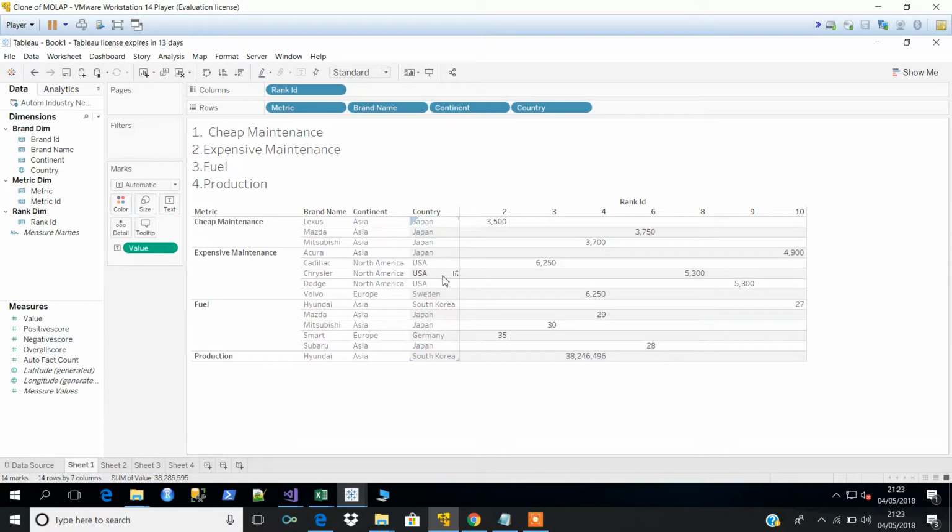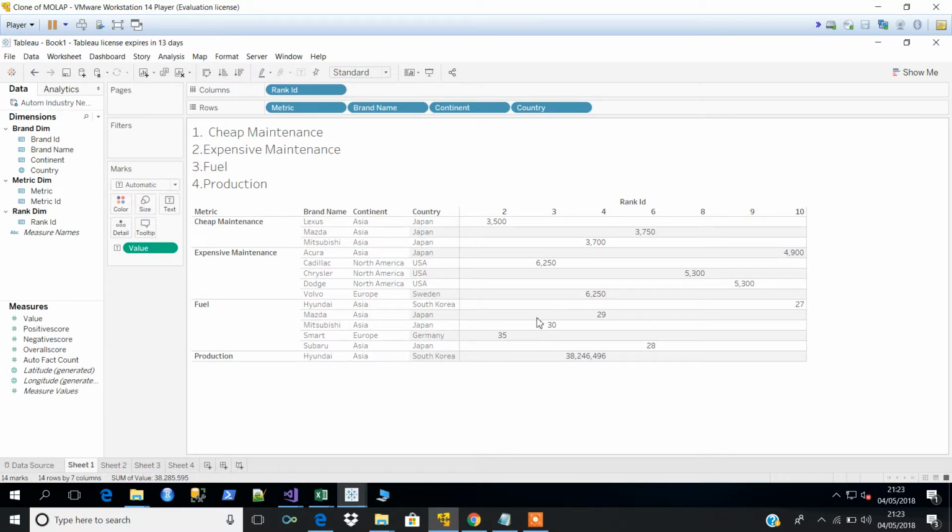Then in terms of expensive maintenance, we can see that Cadillac was ranked third, the third most expensive car brand to maintain with an annual cost of 6,350 USD, followed by Chrysler at number 8.